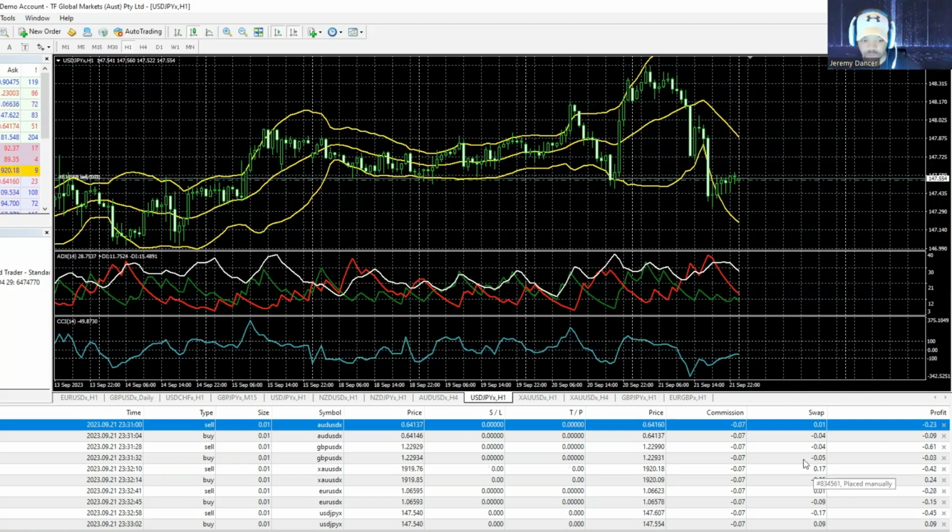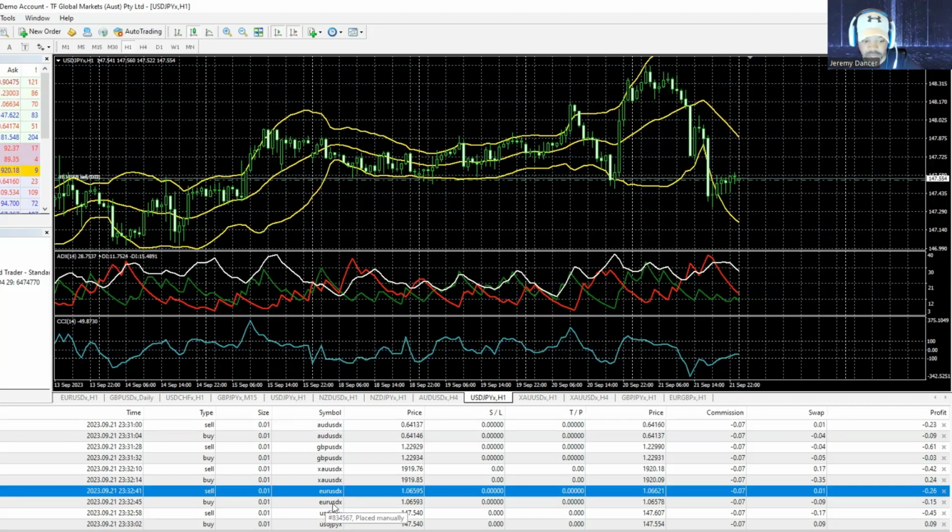All right, so we're selling the Australian US dollar, we're selling gold, we're leaving the British pound US dollar alone, and then the Euro US dollar. So this is another tight one. Now, because my spreads for the Euro US dollar are 0, and this is another reason why you want to wait until after 6, because right now the spreads are sky high.